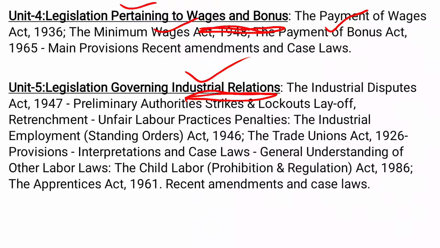For that, you are going to study some laws like the Industrial Disputes Act, the Industrial Employment Act 1946, the Trade Union Act, the Child Labor Act, and the Apprentices Act. All these acts related to industrial relations help to maintain a healthy relationship among all these three parties. So this is the brief overview of labor legislation.